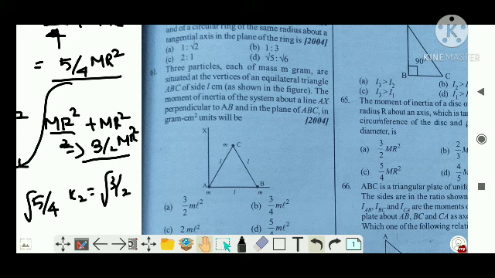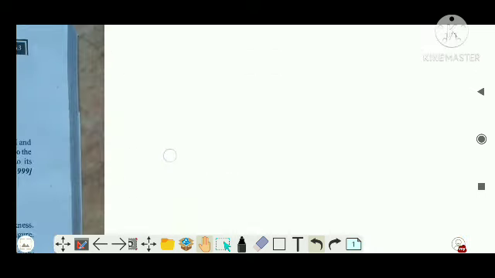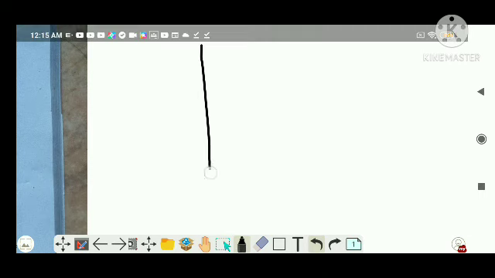The moment of inertia is mass into AB squared plus mass into OC squared, if you take this point as O. I will draw it again, guys.